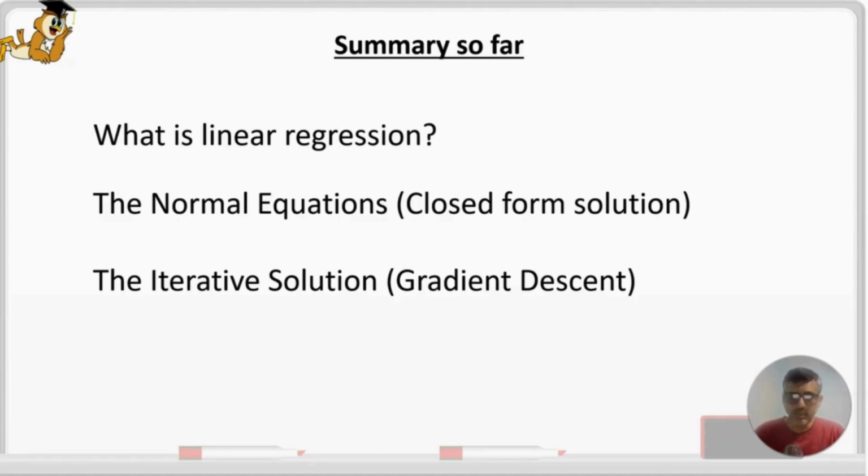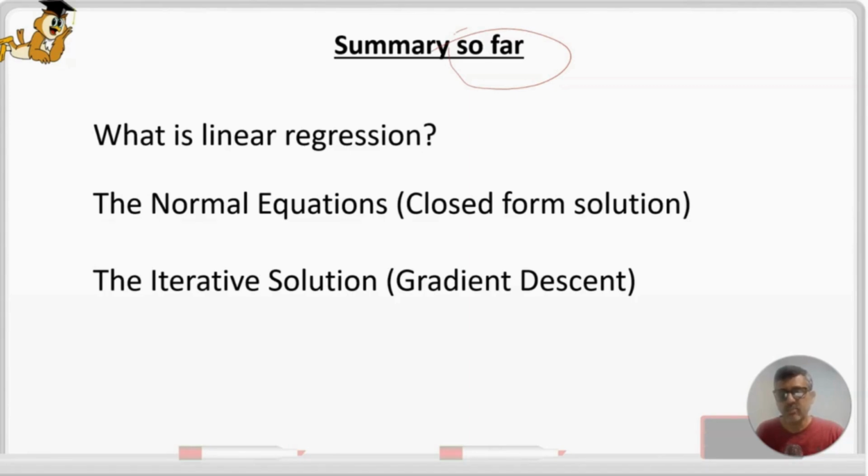So I said summary so far. I typically do summaries at the end of lectures, but now I've decided to take things up a notch. I'm going to try to keep my explanation of the basic concept simple, but I intend to start challenging you with questions at the end of each lecture.